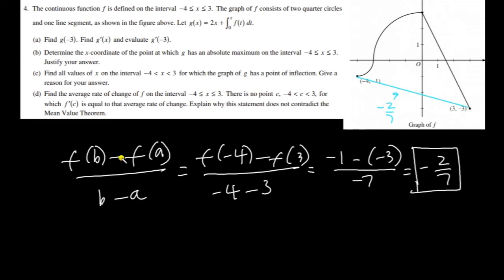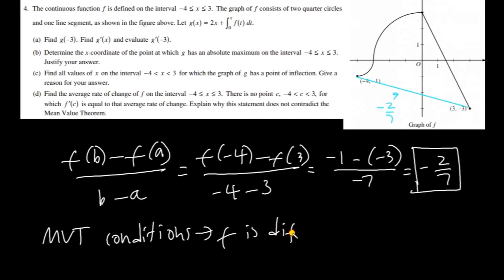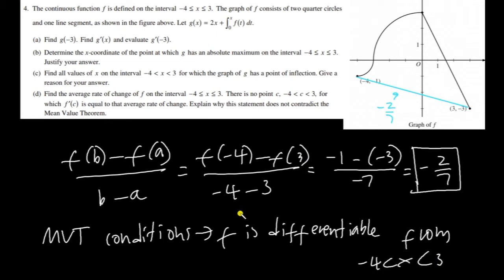So think, what are the conditions for the mean value theorem? The conditions are that the function f is differentiable from -4 to 3, right? And then clearly there's this point and this point, which are not differentiable.